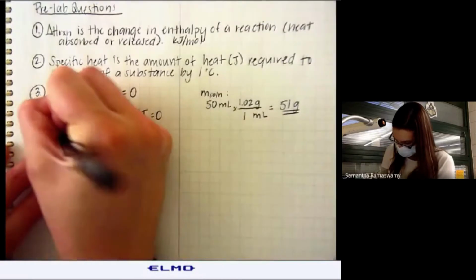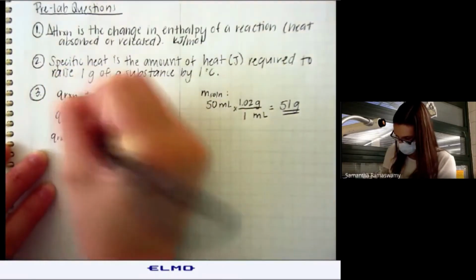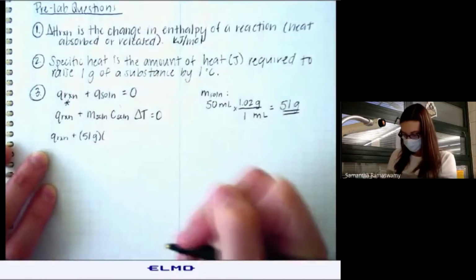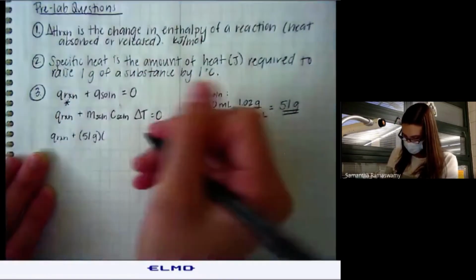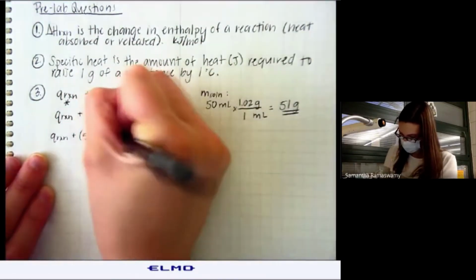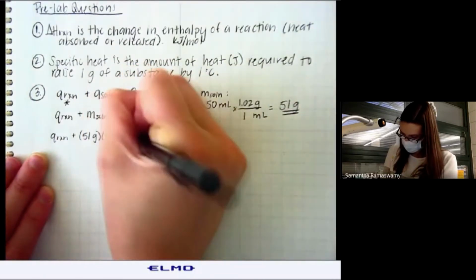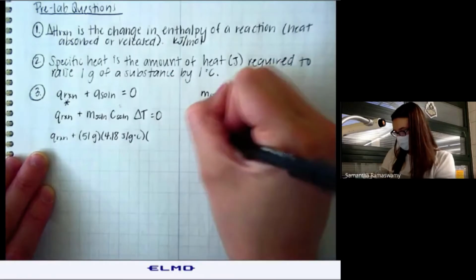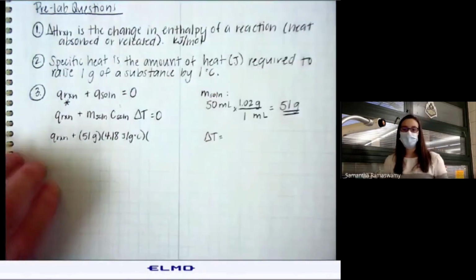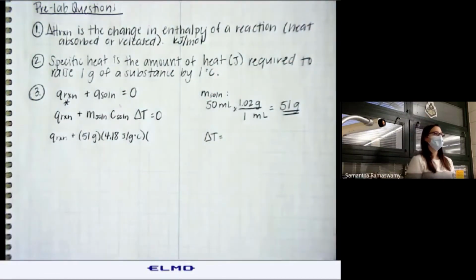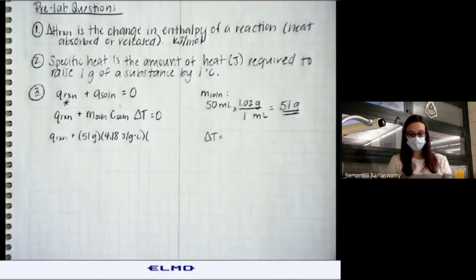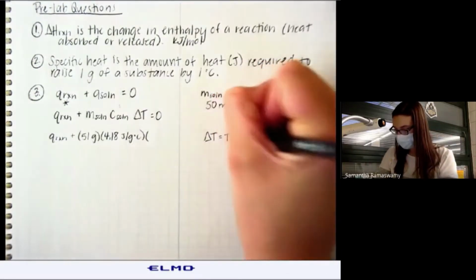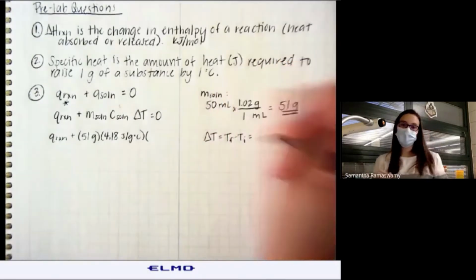So Q reaction is what I'm solving for. Mass of solution, 51 grams. It says that the specific heat of the solution is 4.18 joules per gram degree Celsius. And then delta T, I'm going to put over here. You don't have to show the delta T calculation. I'm just showing it so that way we remember. Delta T is always final minus initial.